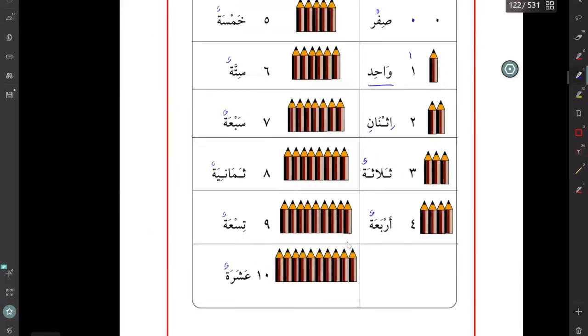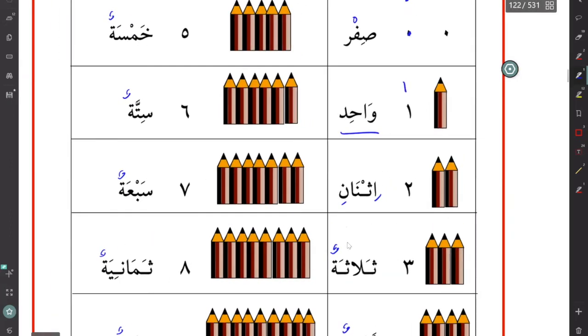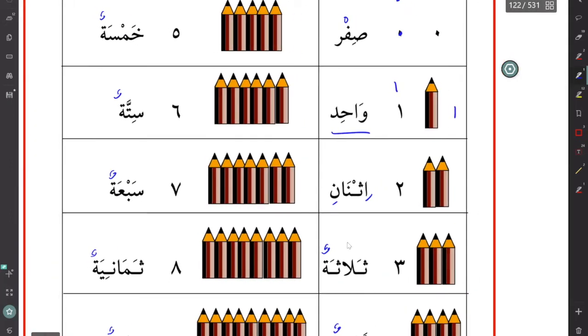Yes. So واحد is one, اثنان is two, ثلاثة is three, أربعة is four, خمسة is five, ستة is six, سبعة is seven, ثمانية is eight, تسعة is nine, عشرة is 10.